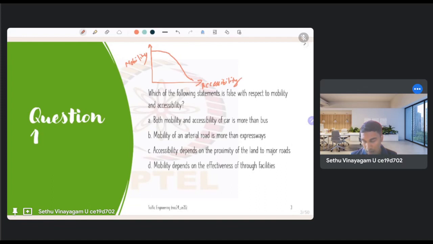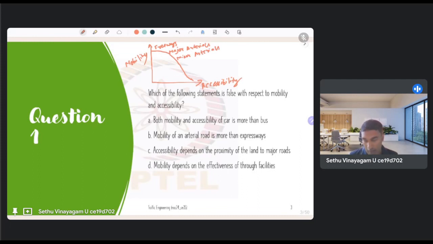So where the freeways, major arterials, minor arterials would be towards the left end of this graph.